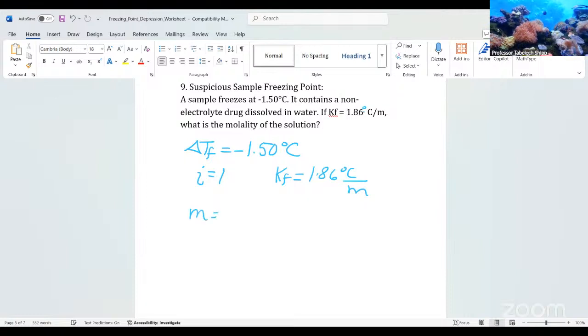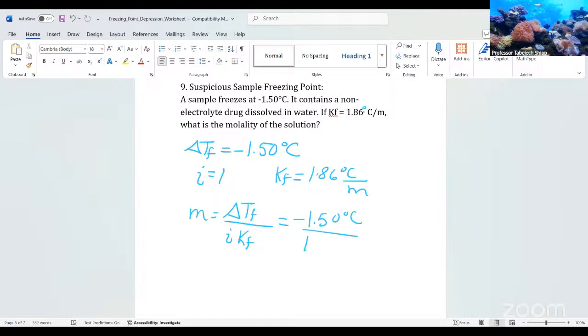So our formula, again, is delta T of F divided by your I times your K of F. So we're going to say negative 1.5 degrees Celsius on the very top, divided by the 1 times 1.86 degrees Celsius per molality.